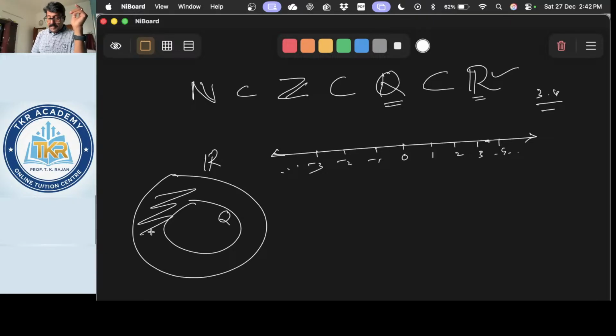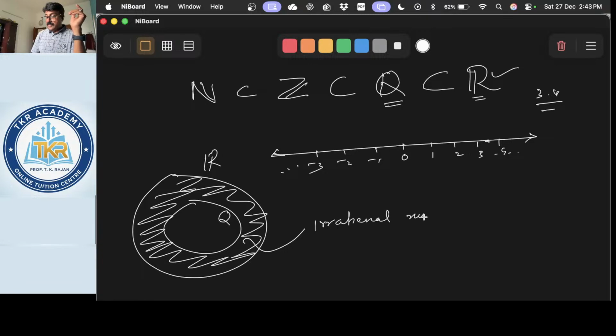Now there are many real numbers that are not rationals. Such numbers are called irrational numbers. They are sometimes denoted by Q complement; we will write what a complement is later. So Q complement, or Q dash, is the set of all irrational numbers, all the real numbers that are not rational.